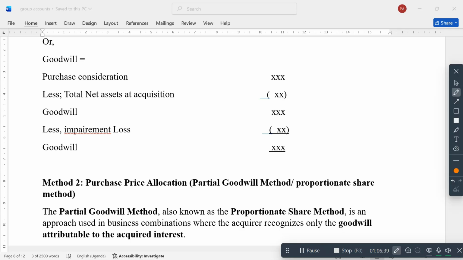Before we subtract, we have to add the fair value of NCI.